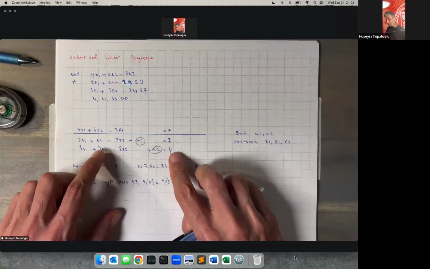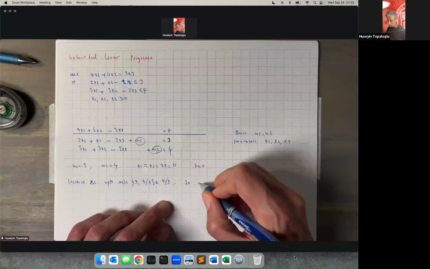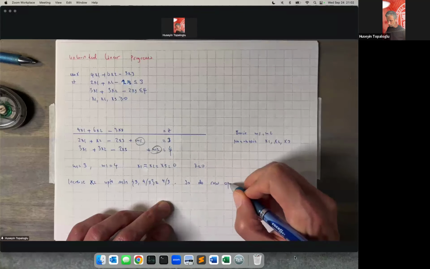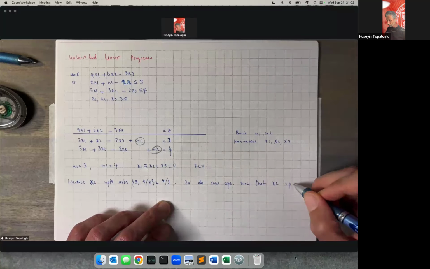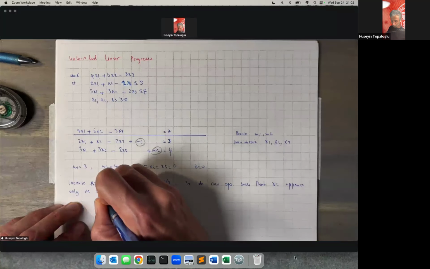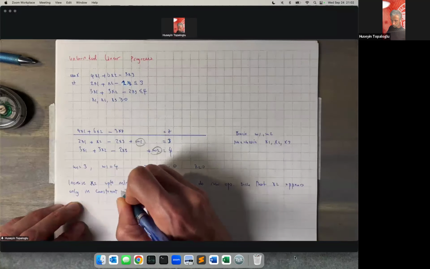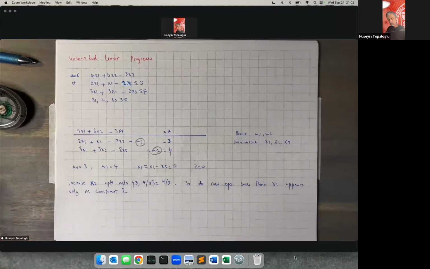So we're going to do row operations such that x2 appears only in the second constraint row.